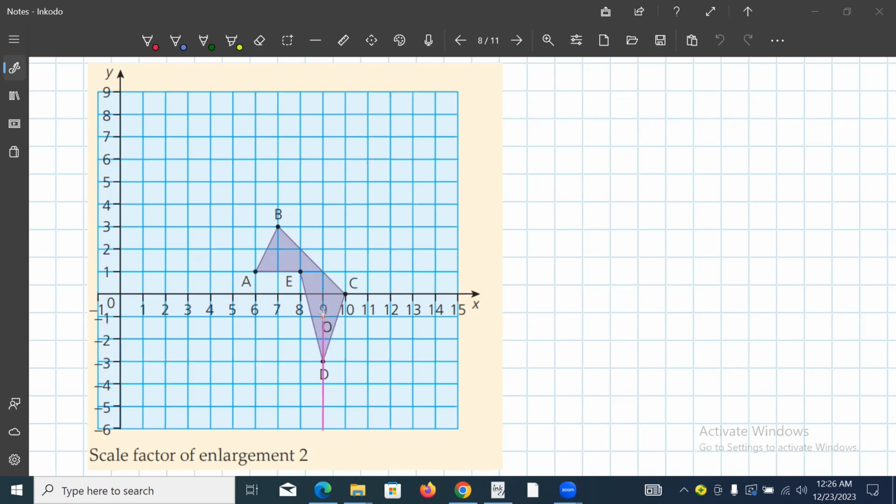O to C, we have one box, but extend it. The scale factor is 2, so we need it 2 times bigger, not bigger than this. Then O to A, just extend.